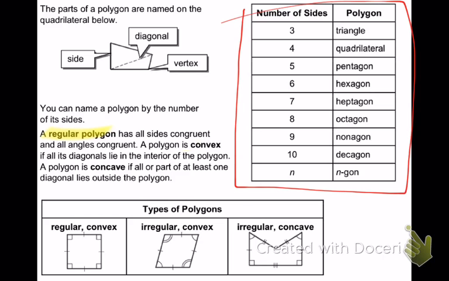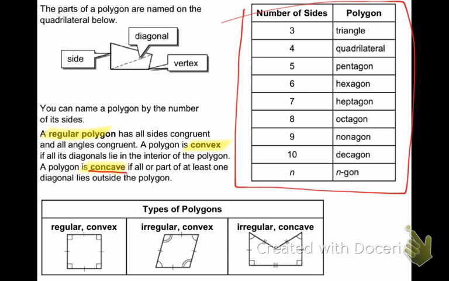And then we're going to talk about convex and concave. A convex polygon is one where all the diagonals lie in the interior of the polygon. A concave polygon has all or part of at least one diagonal that lies outside the polygon. When you think of the word concave, what's a word in there? Caved. I always think of a pop can.